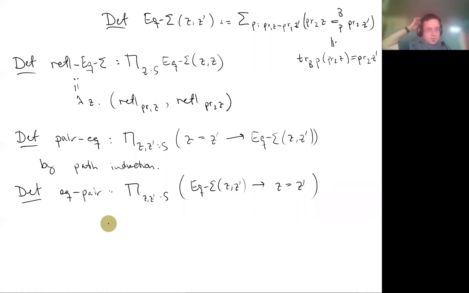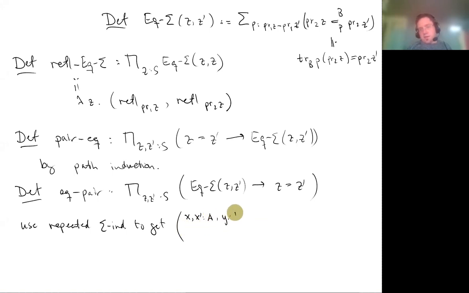Okay, so let's do this in a few steps. So first we use repeated sigma induction to get to a context where we split z and z prime into components. So this means I have an x and an x prime in A, and I have the corresponding y's. So y lives in B of x, while y prime is going to live in B of x prime.